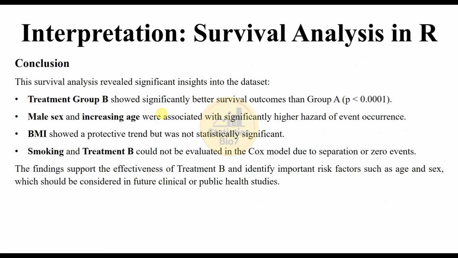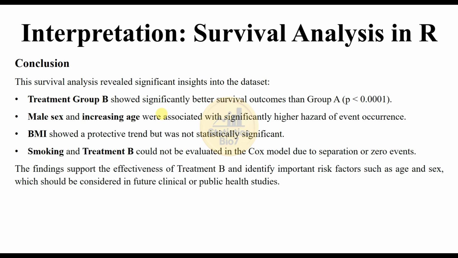So, the conclusion of the survival analysis. The survival analysis revealed significant insights into the dataset. Treatment group B showed significantly better survival outcomes than group A, with a p-value less than 0.0001. Male sex and increasing age were associated with a significantly higher hazard of event occurrence.